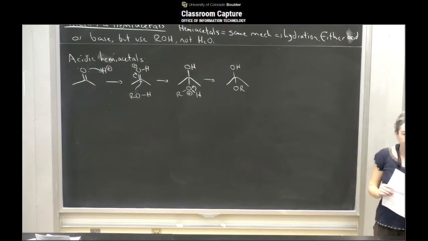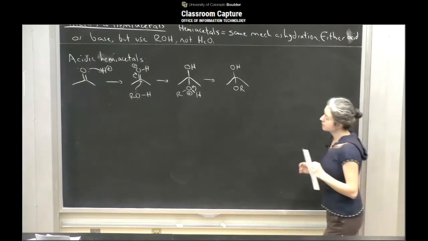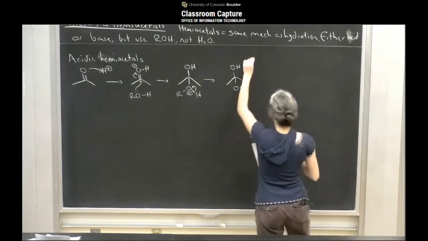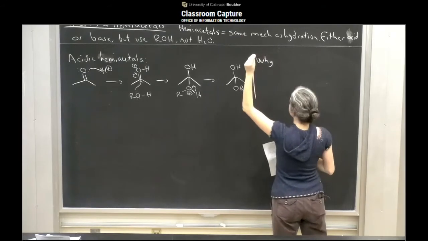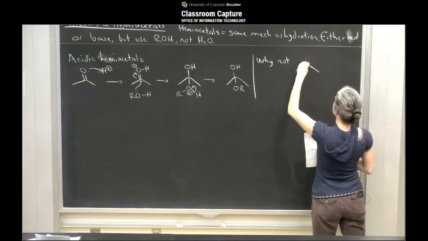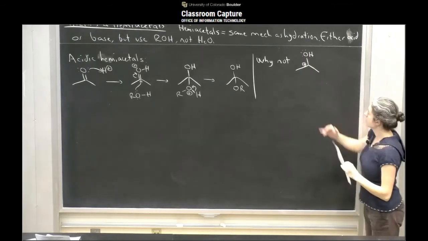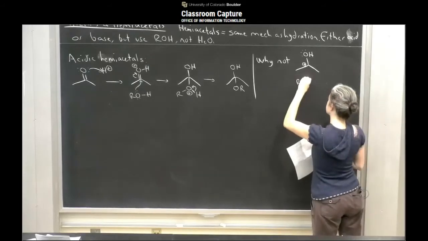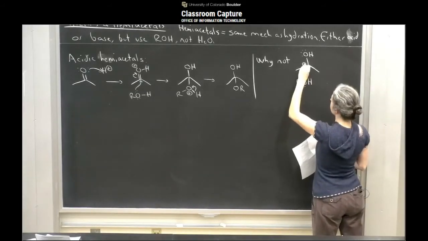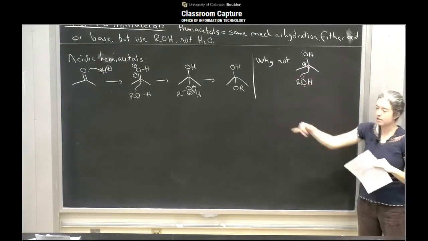Just a quick one on the concerted step where the alcohol attacks. Why isn't that shown as a separate carbocation formation since we're in acidic conditions? Good question. Why don't I show a carbocation? This is actually a resonance form of the form that I do show.